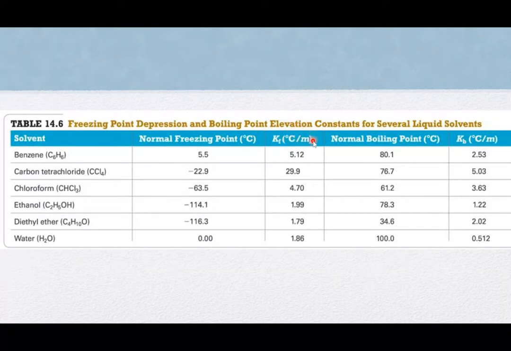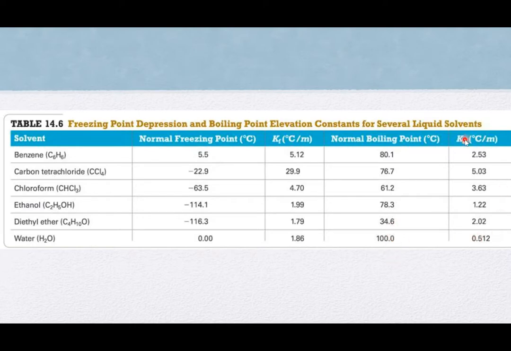over molality. So what we'll see is these units are kind of funky, kind of different, but when we go to solve problems, it's going to be a very useful unit for us. So 1.86 degrees Celsius over molal. For water, we see the normal boiling point is 100 degrees Celsius.